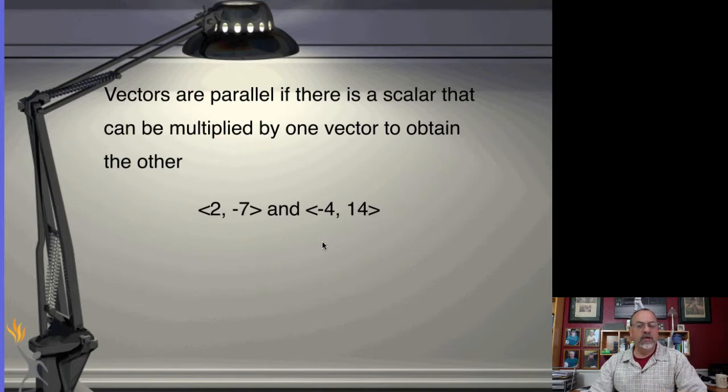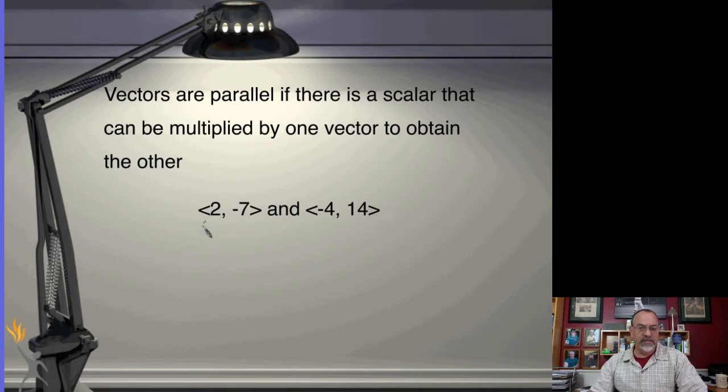Are they parallel, orthogonal, or neither? If they're parallel, there should be a number that I can multiply by 2 and by negative 7 to get these two components. If there is such a number that exists, then they are parallel. Or if the dot product is 0, they will be perpendicular. And if neither one of those things can be accomplished, then they are neither.